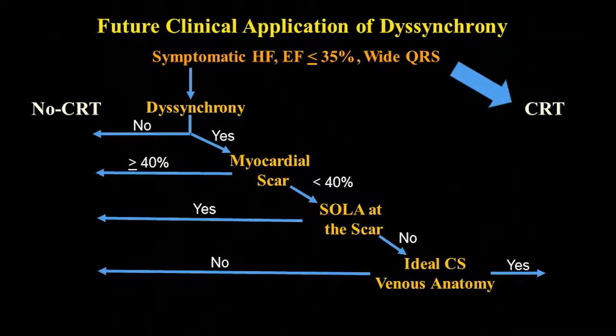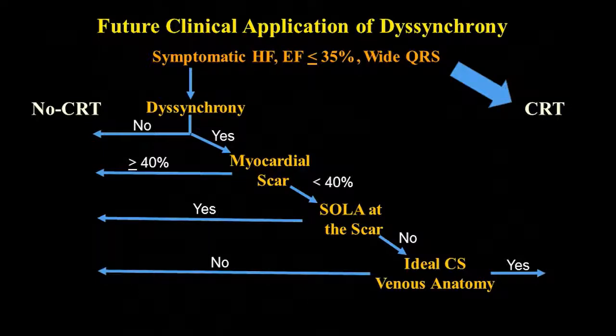If you meet all these criteria, then you should get the CRT, and this is how the effectiveness of CRT can be improved. Now, we talked about efficacy versus effectiveness in the previous talk. The efficacy has been shown in randomized controlled trials versus controls, right? But we know that less than 50% improve.